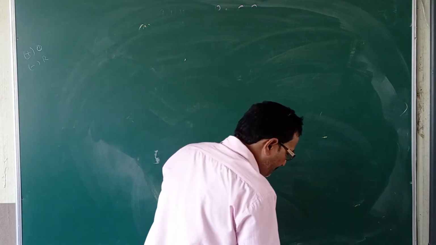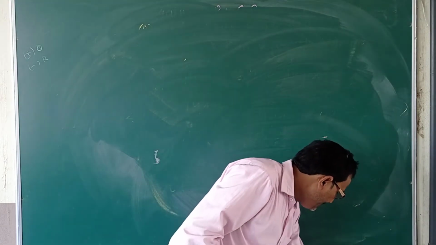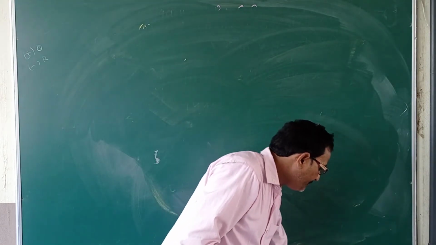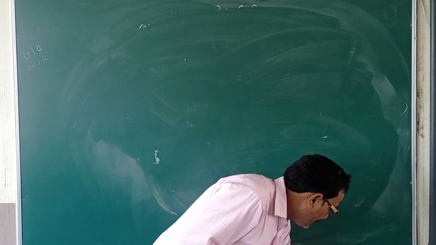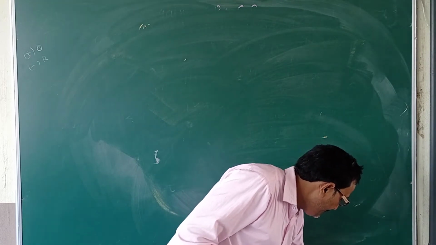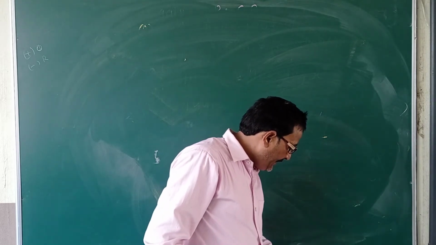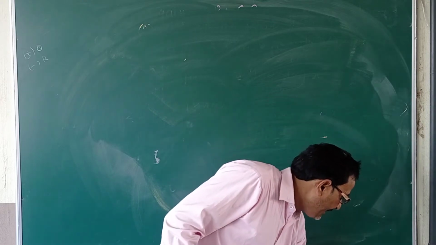Question number 4 given. The goldsmith bought 100 gram gold from the wholesaler, then he sold it at a gain of 10%.